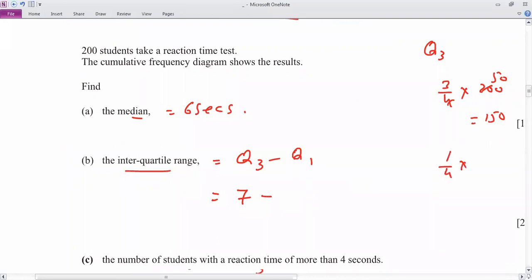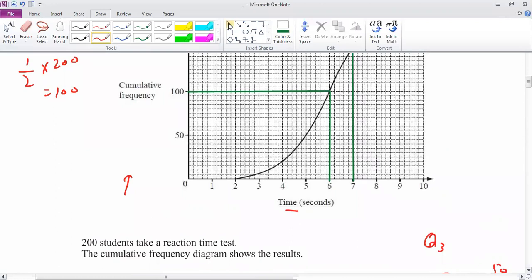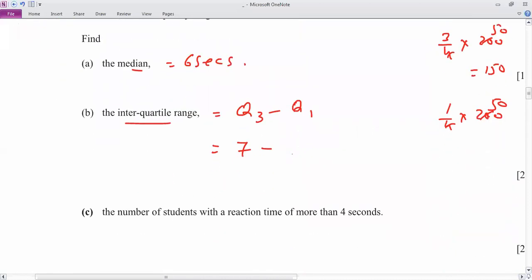Q1 is 1 over 4 of the last cumulative, it's 50. So from 50, draw the line. I'll draw the line from 50. And from here you get 5. It means 5 is Q1. 7 minus 5 will give me 2.